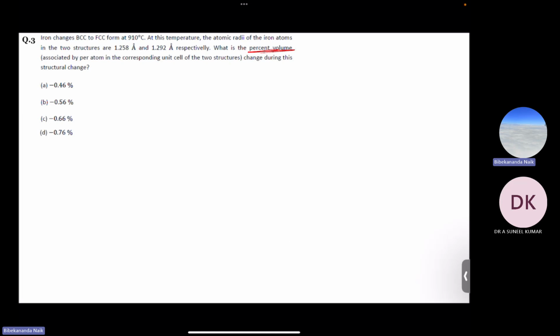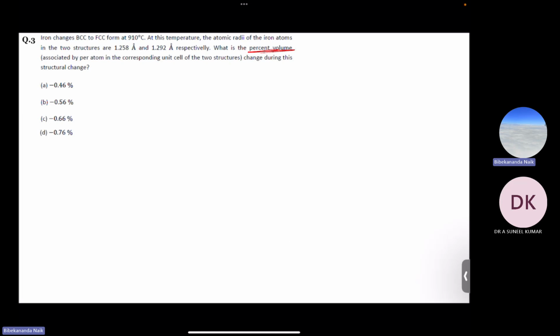Here it is asked to find the volume change, that is the change in volume per atom. If we divide the total volume by the number of atoms in the unit cell, we will get the volume per atom. The options are minus 0.46%, minus 0.56%, minus 0.66%, or minus 0.76%.